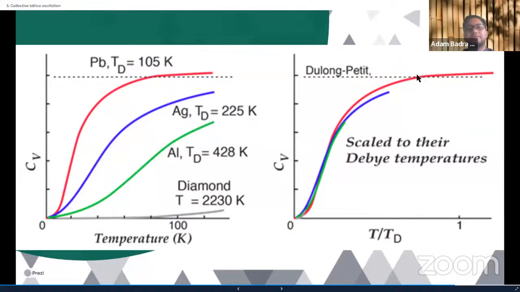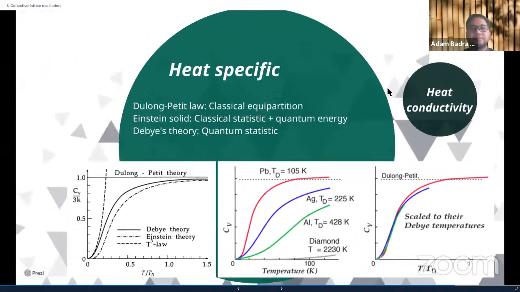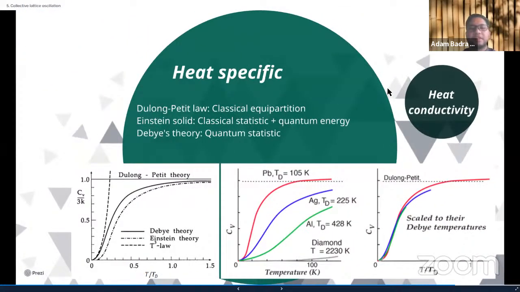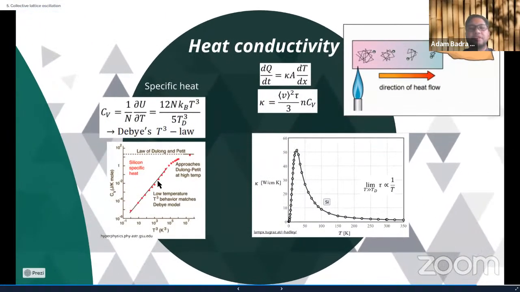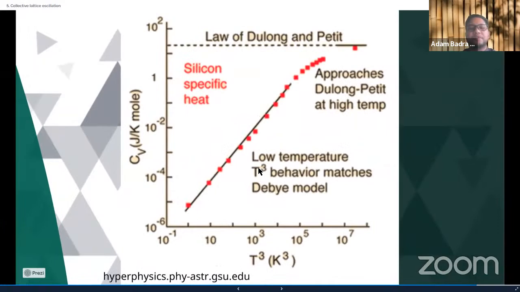So that's why there is this little bit small change. It comes from the contribution of the electron. To be exact, at low temperature, the contribution comes not only from the phonon, but also from the electron too.